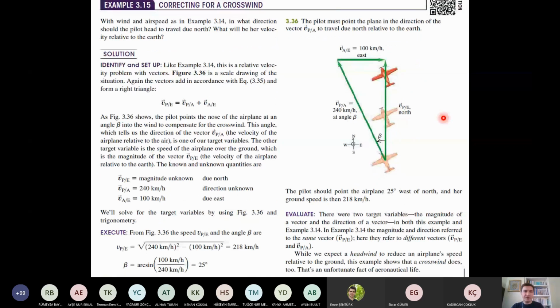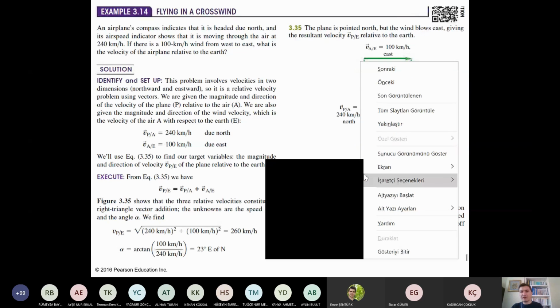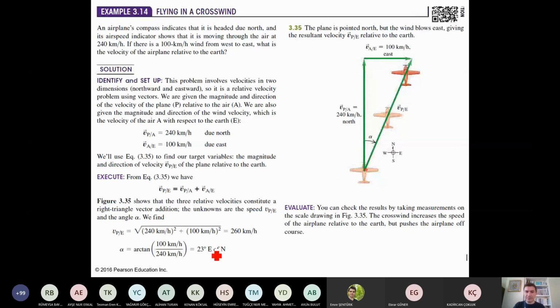Then let me finish with the final example from the book, correcting for a crosswind. So here this plane is flying from south to the north, but due to the wind, crosswind, it is actually moving in this direction, 23 degrees east of north, okay?